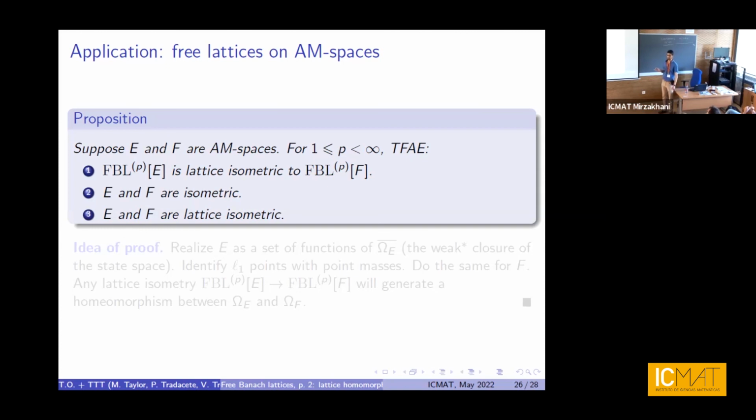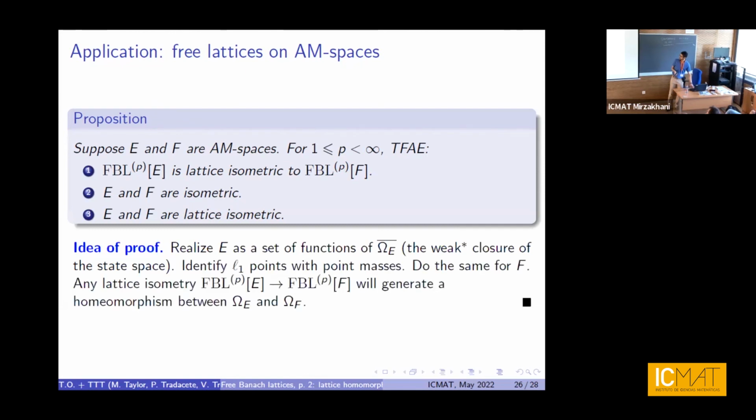If you look at the p-convex free Banach lattices built on them, then the free convex Banach lattices are lattice isometric if and only if the underlying AM spaces are themselves isometric or equivalently lattice isometric. And so let me skip the idea.